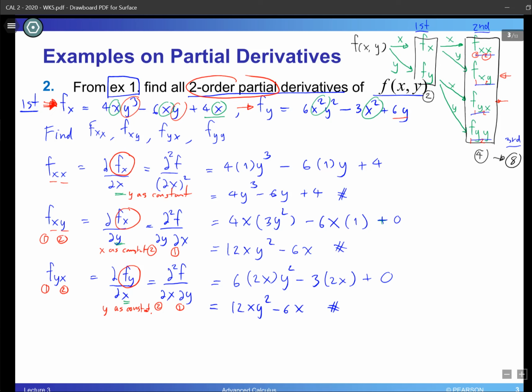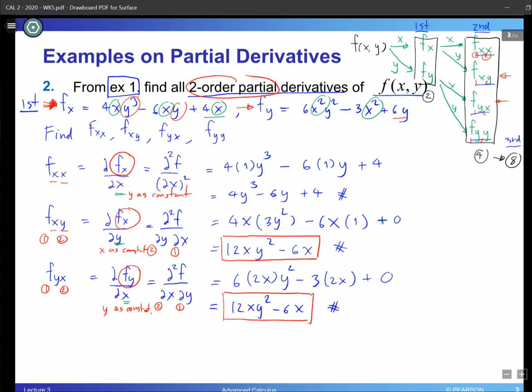I want you to look at something here. Take a look at fxy, the second one. This is equal to 12xy squared minus 6x. And the third one, fyx, we have this 12xy squared minus 6x. You can see that fxy and fyx are equal, and the equality that we have here is not a coincidence.